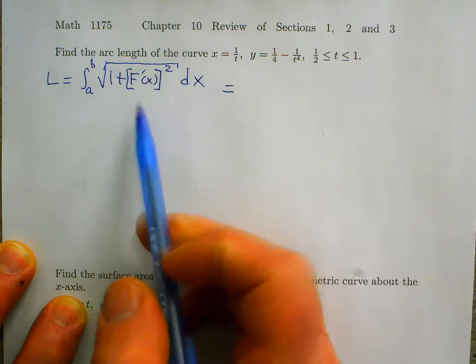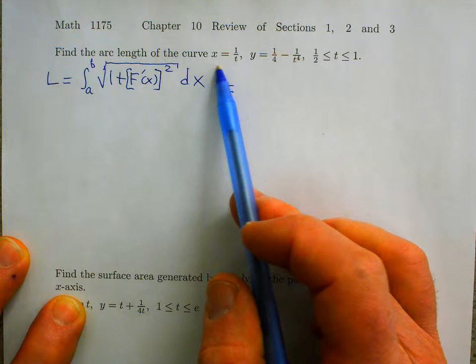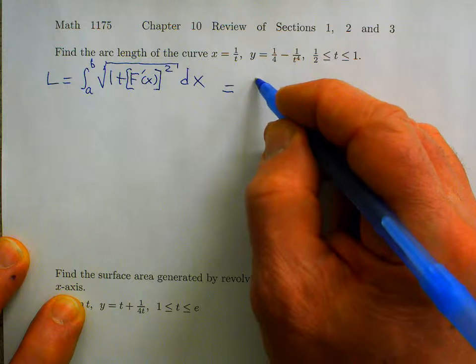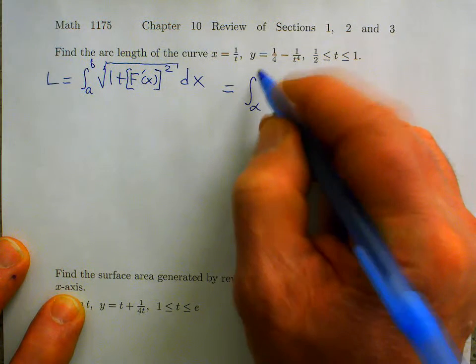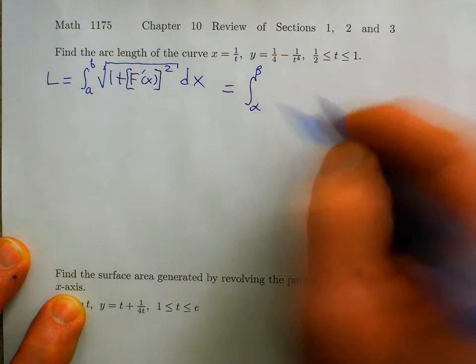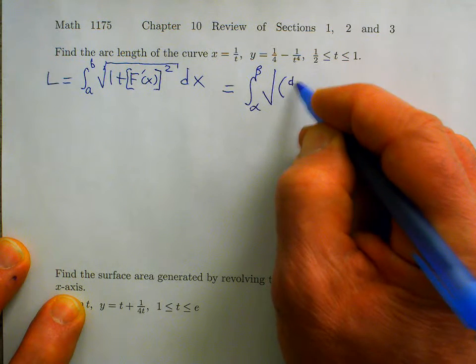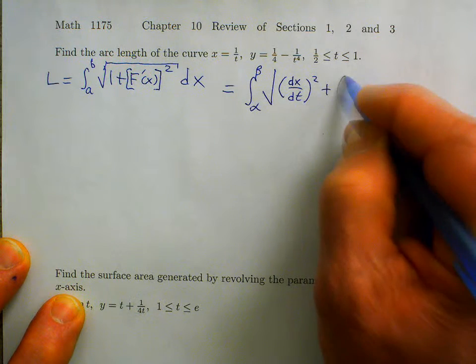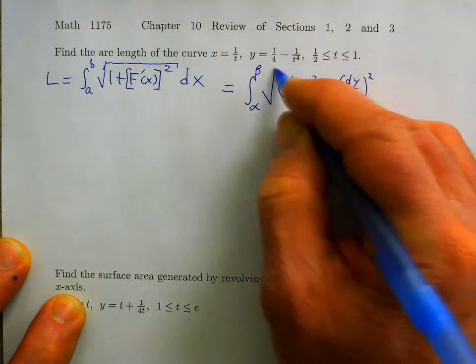But if that same function, capital F of x, is parameterized by x and y, then this becomes the definite integral from alpha to beta of the square root of (dx/dt) squared plus (dy/dt) squared dt.